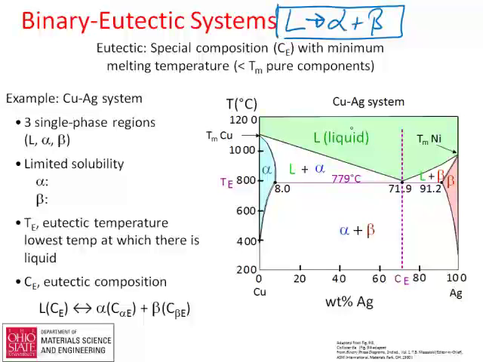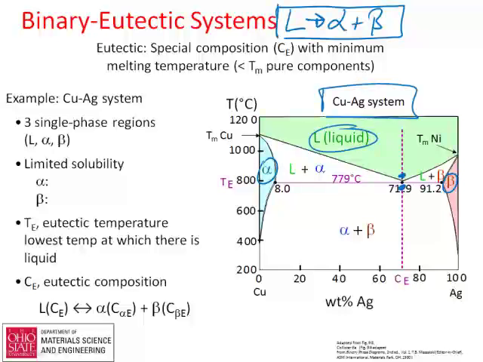We've got single phase regions, liquid, alpha, and beta, and this is exactly what you see in the copper-silver system, which is the sterling silver system. And here you've got a eutectic point where at a temperature just above this, the phase diagram says it's completely liquid. At a temperature just below this, it says that you end up with a two-phase structure, alpha and beta.